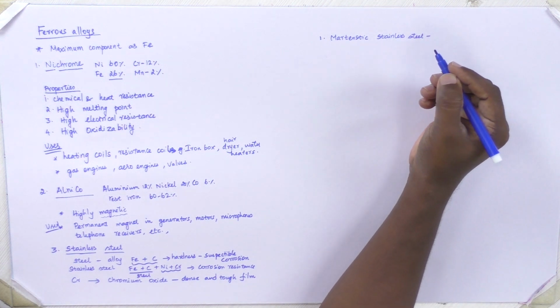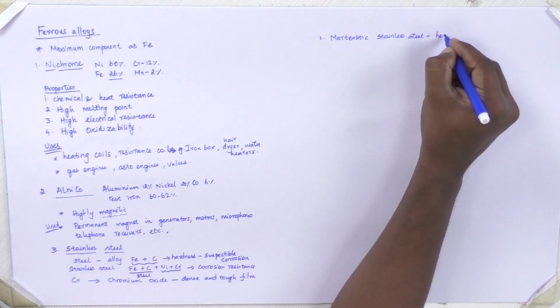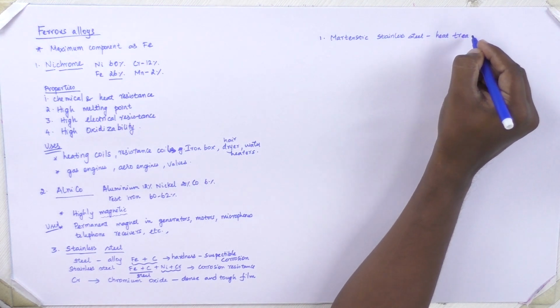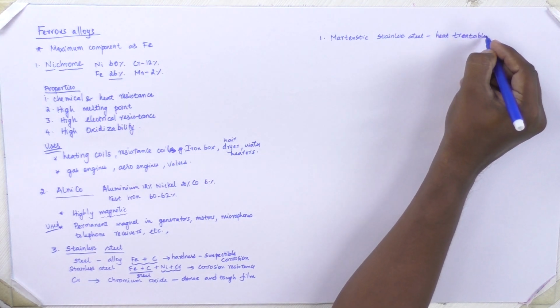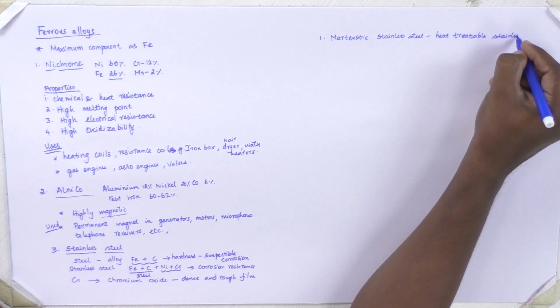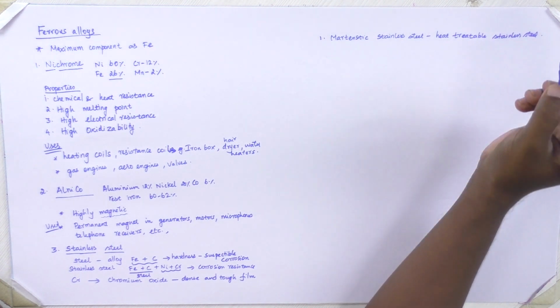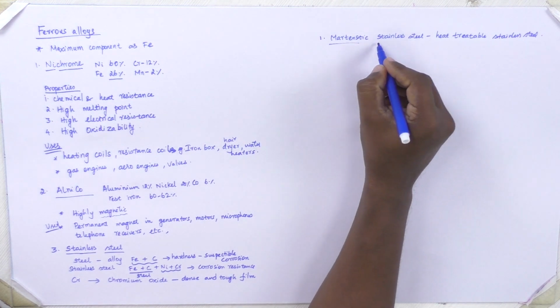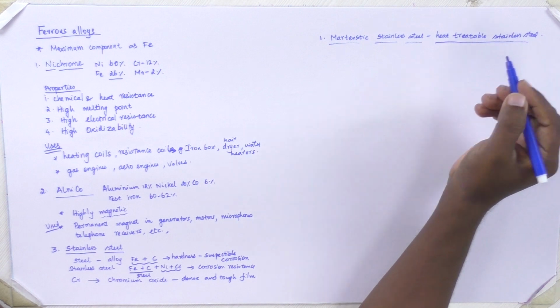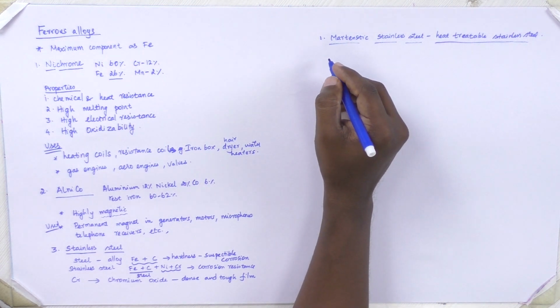It can also be called heat treatable stainless steel. So martensitic stainless steel is a kind of stainless steel which can also be called heat treatable stainless steel.